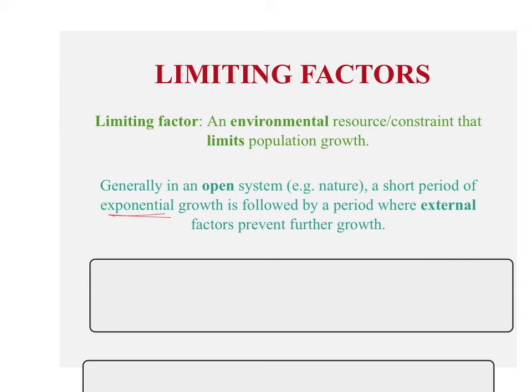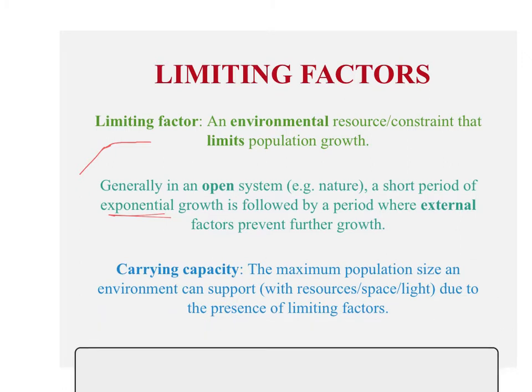And after that initial exponential growth, so there'd be a rapid upshot, a positive gradient in a graph, then we get a time where either the growth rate slows or even stops completely, because external factors are going to inhibit population growth. And this is where we've got something called the carrying capacity.